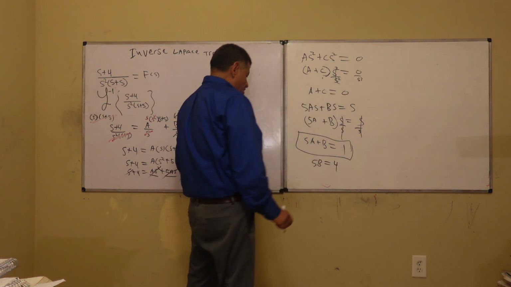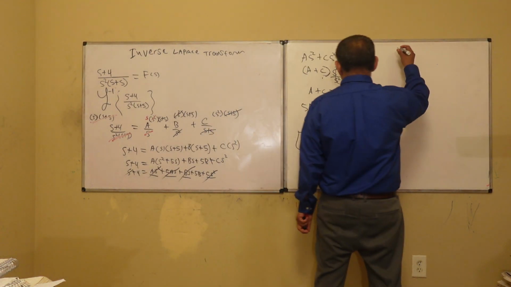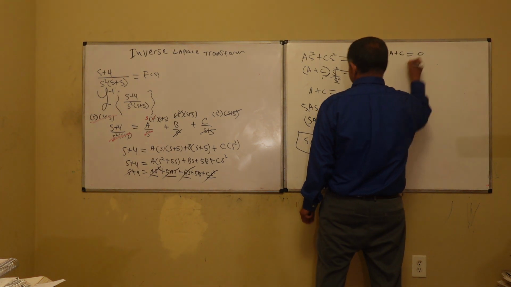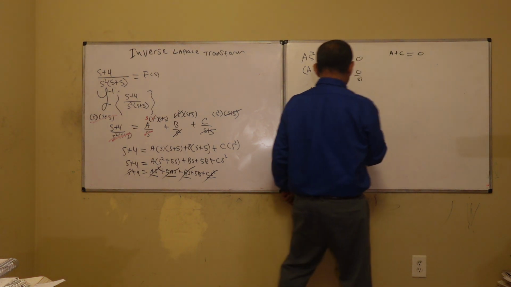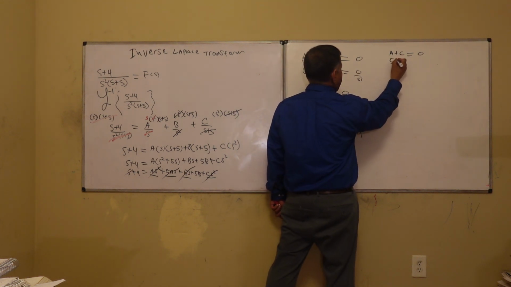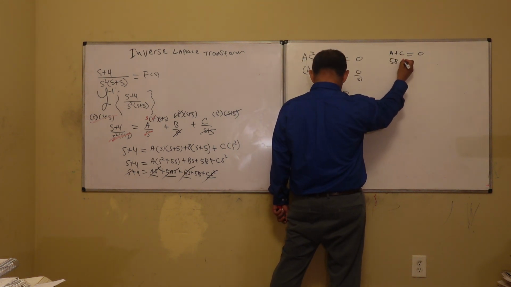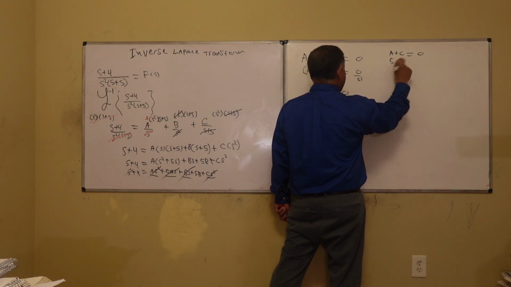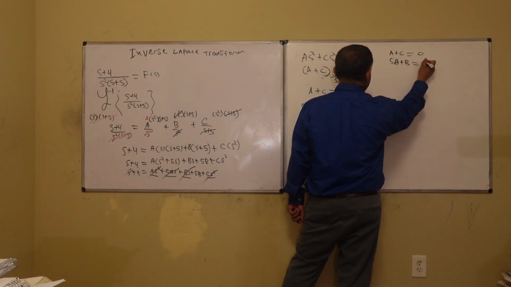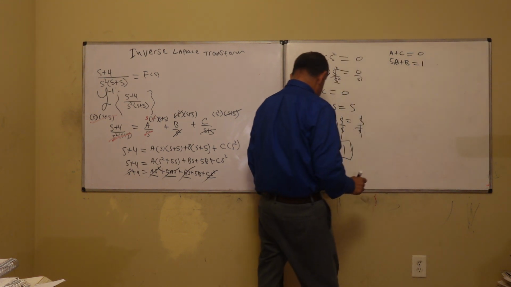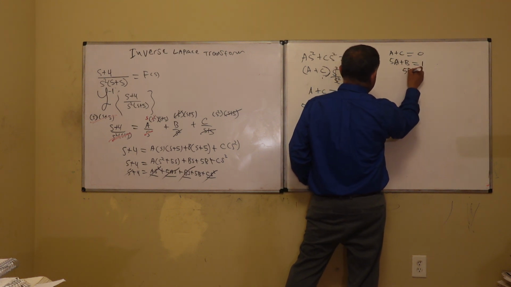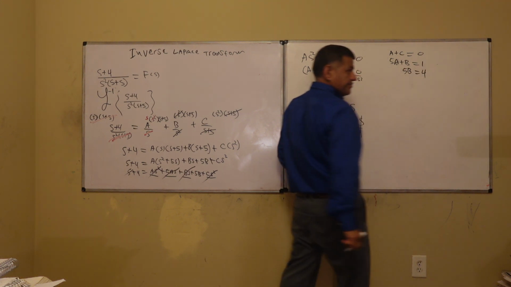So what are the three equations? The three equations are the following. So a plus c equals 0, right? That's 1. 2 is 5a plus b is equal to 1, and 5b is equal to 4, right?